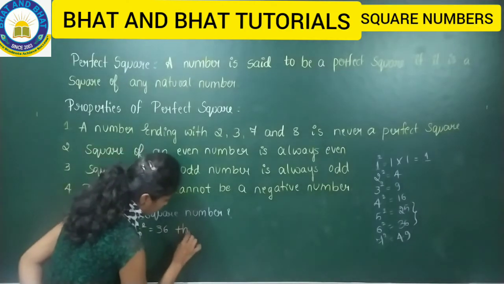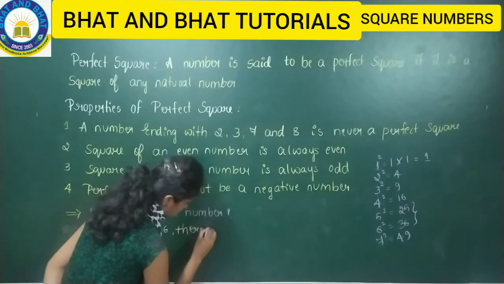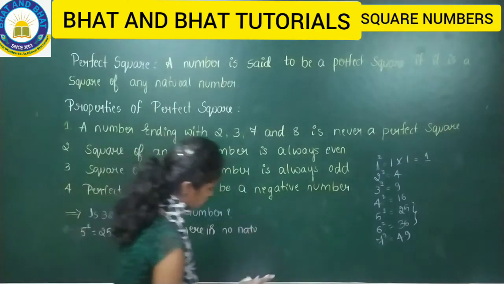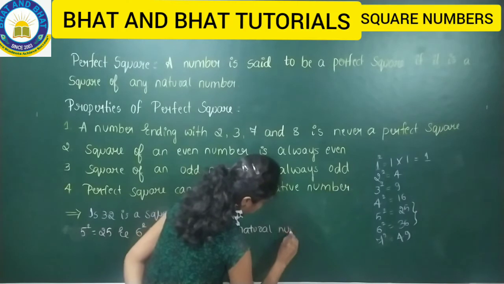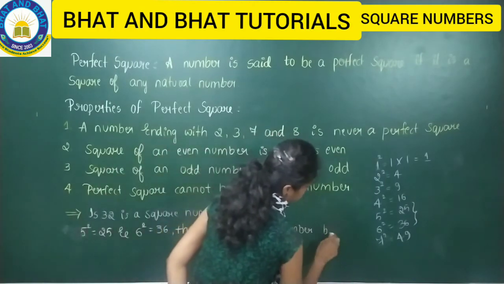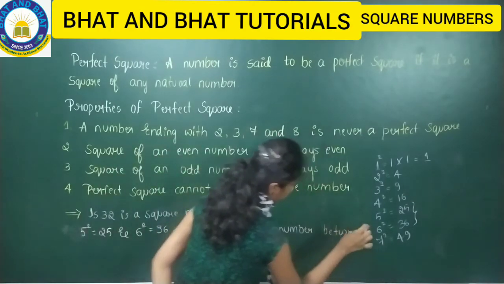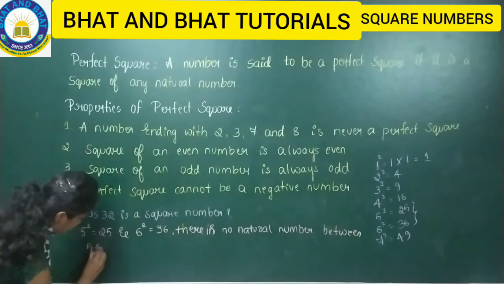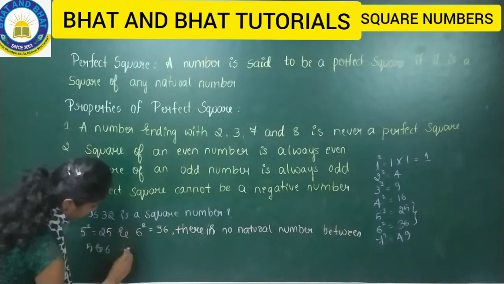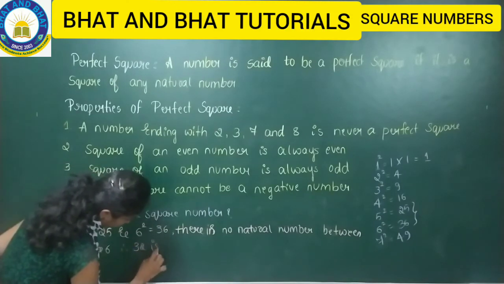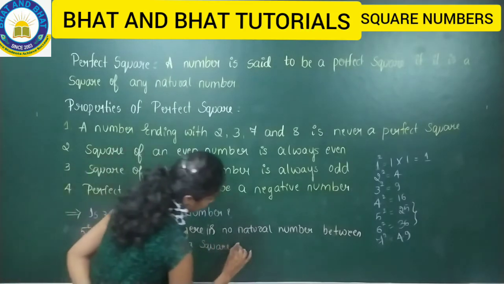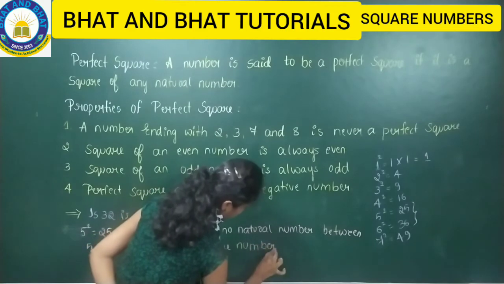There is no natural number between 5 and 6. So 32 is not a square number.